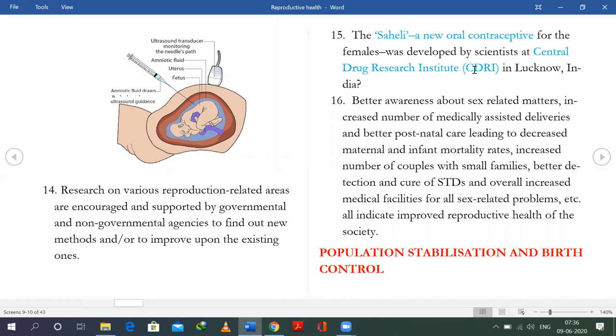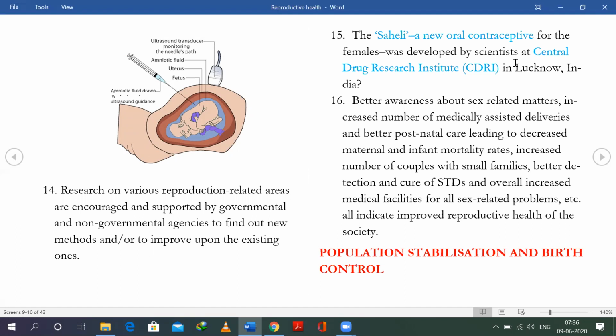It has developed this oral contraceptive pill, and we'll try to understand it again when you study the various contraceptive methods available. What you need to know at this stage is that it's a drug developed by the Central Drug Research Institute, and the name of this drug is Saheli.